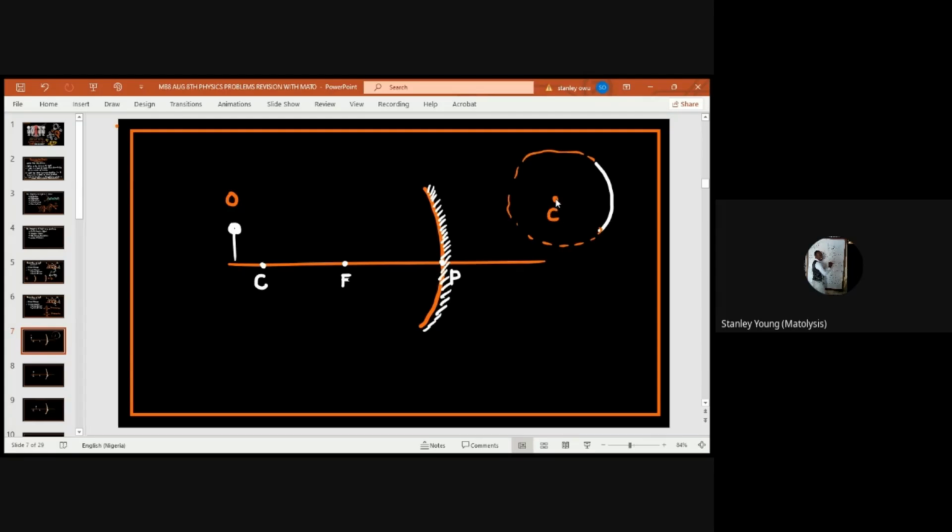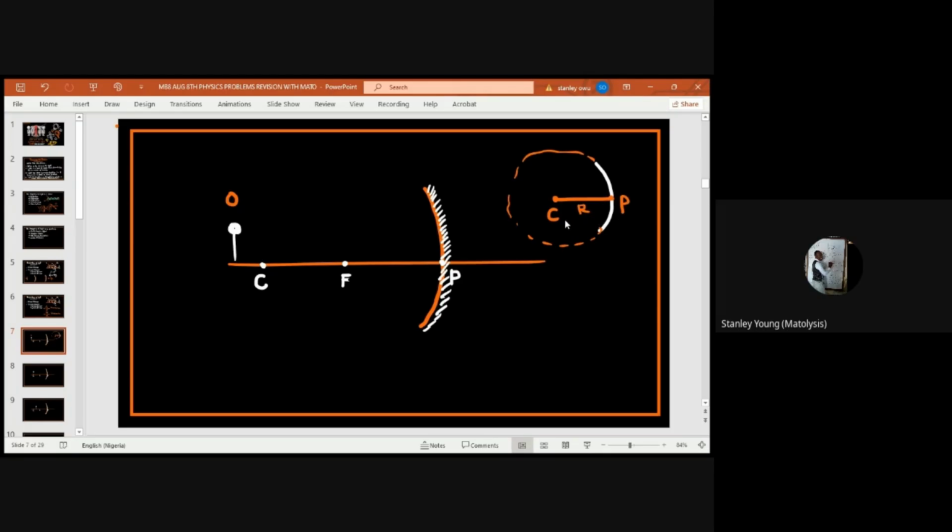If you draw any line from the center toward an external part of a sphere or a circle, it's usually called a radius. So the distance between the center of curvature and the pole is definitely a radius.